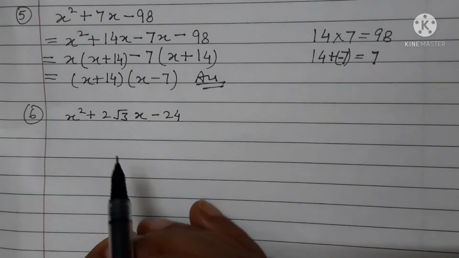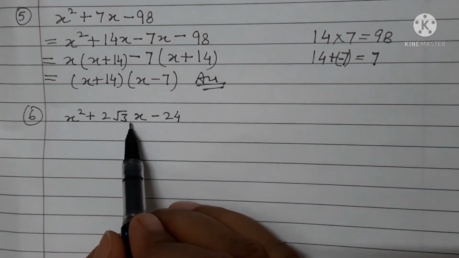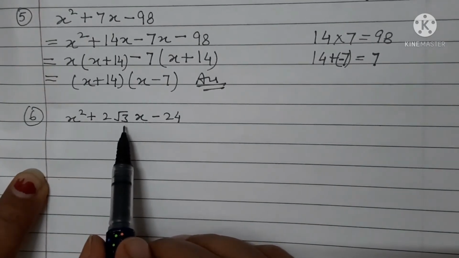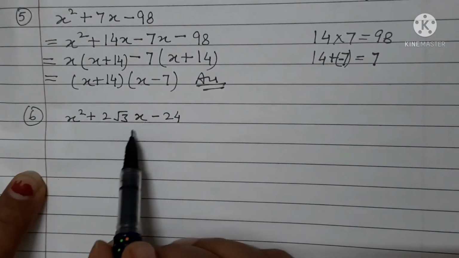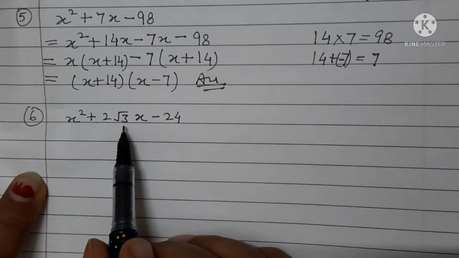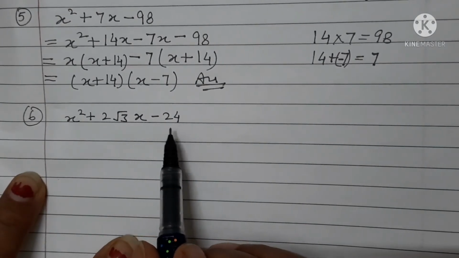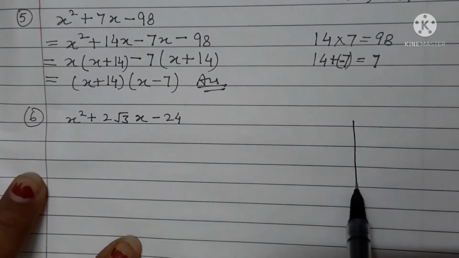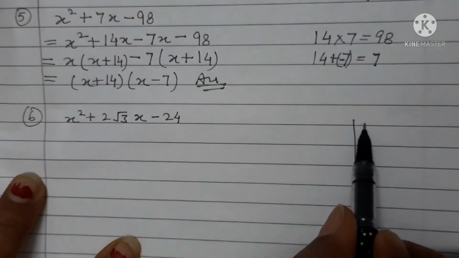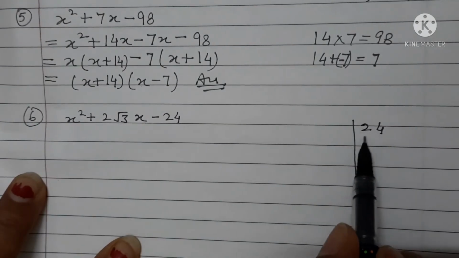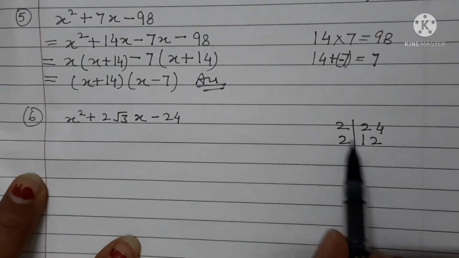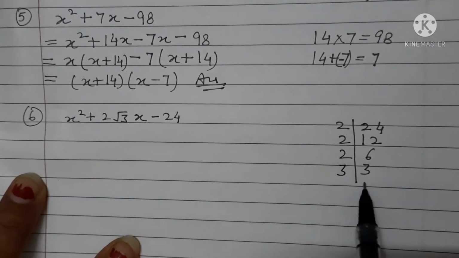Next question, 6. x square plus 2 root 3 x minus 24. So split 2 root 3 into two parts whose sum is 2 root 3 and product is minus 24. To solve easily, first make factors of the constant term. Here 2 1s are 2, 2 2s are 4, 2 6s are 12, 2 3s are 6, 3 1s are 3.